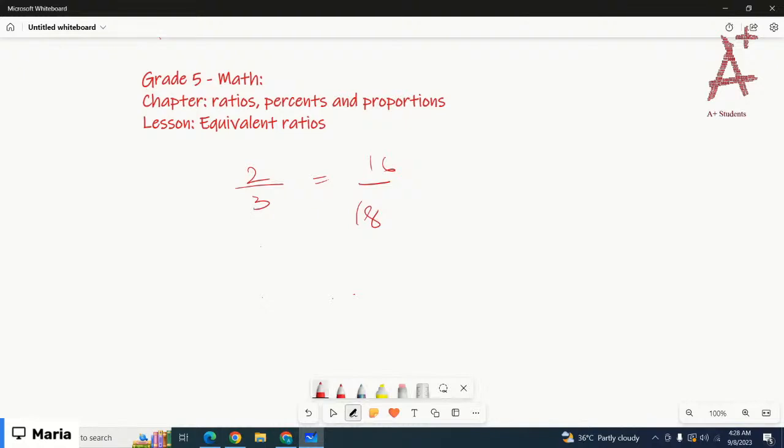You can take your time, solve, and then write the answer, yes or no. No, very good. 2 times 18 is 36 and 3 times 16 is 48. So they are not equivalent, right?